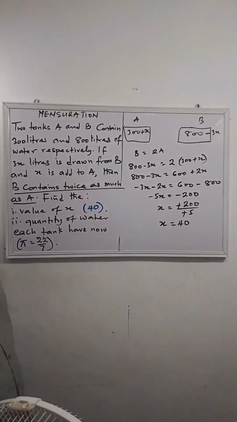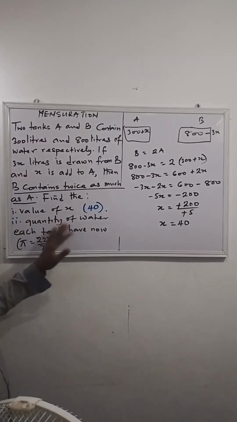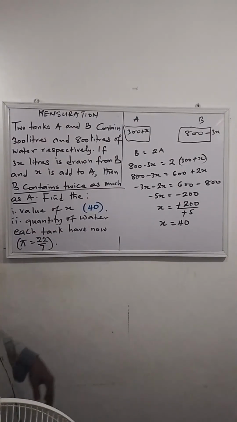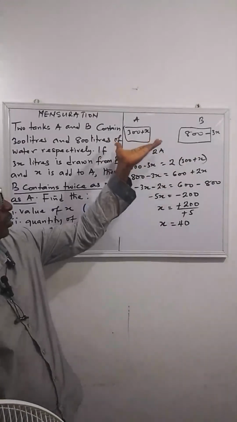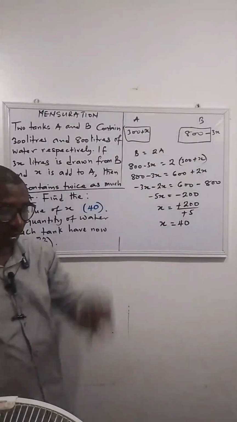So I hope we all understand that. Okay, good. So now the question says you have to find the quantity of water each tank has now, that is, after this has been done. So what is going to be the quantity of water in A and the quantity of water in B?